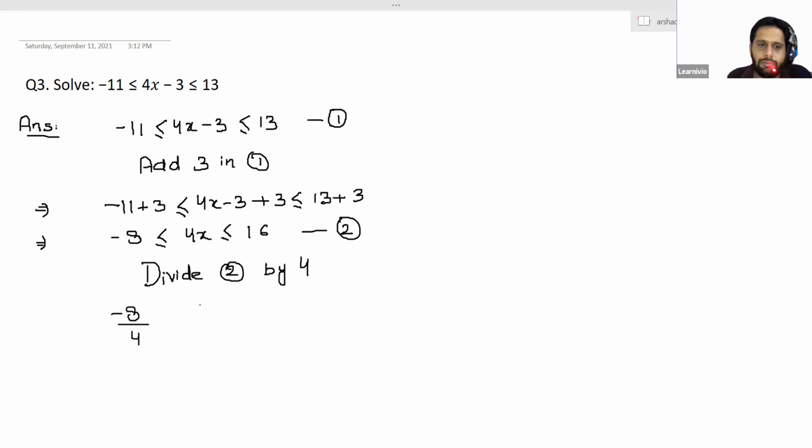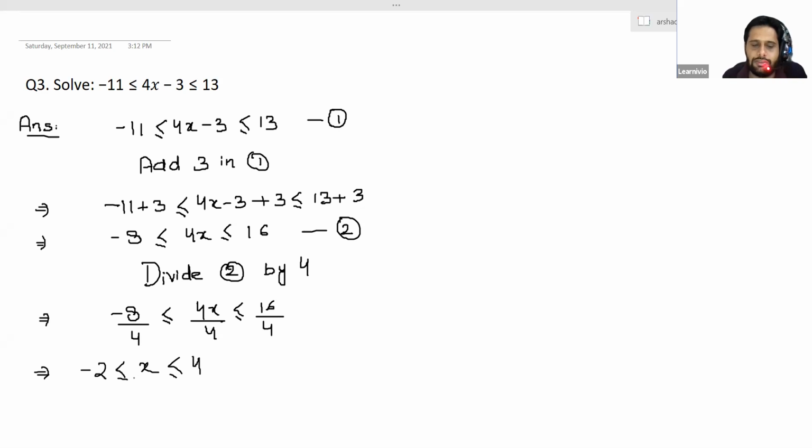So Iram, can you tell me whether the sign will change or not when we are dividing by 4? No, it will not. Very good. So the sign will remain as it is. And this is -2 less than or equal to x, less than or equal to 4. So this is our answer, that x will lie between -2 and 4.